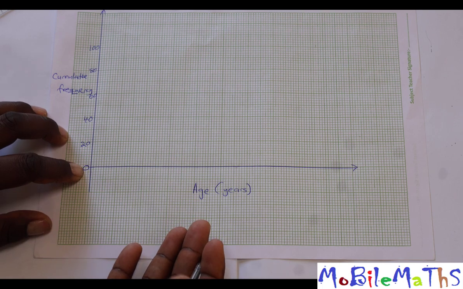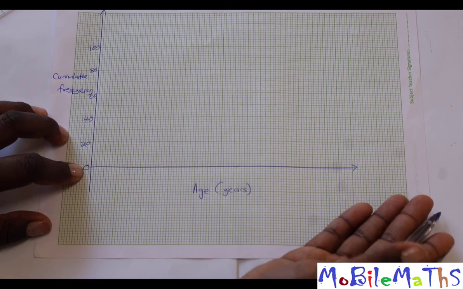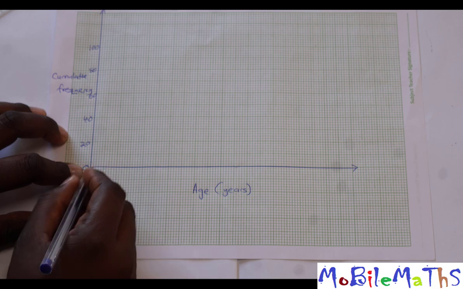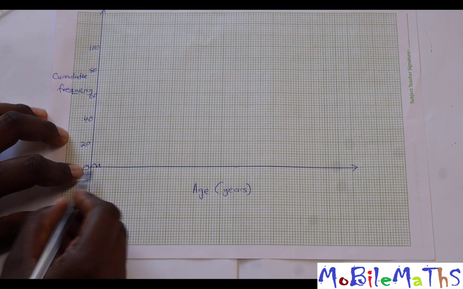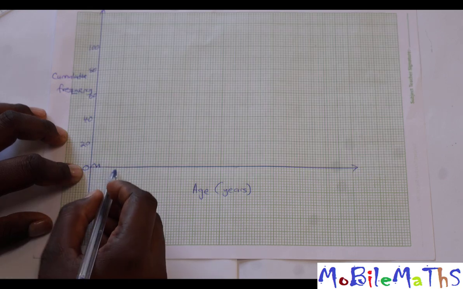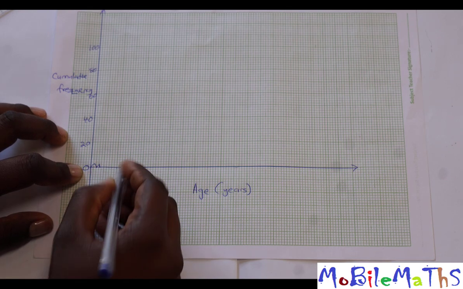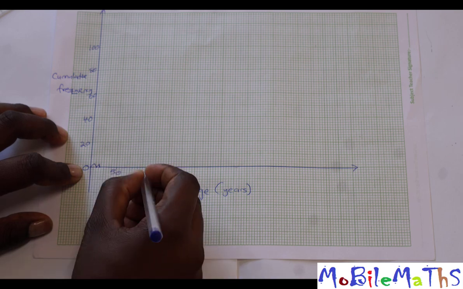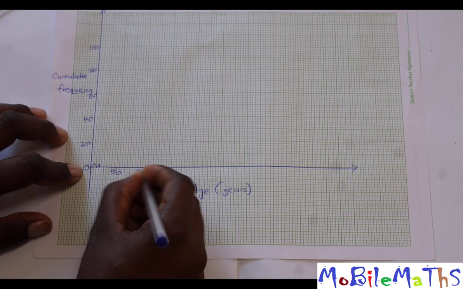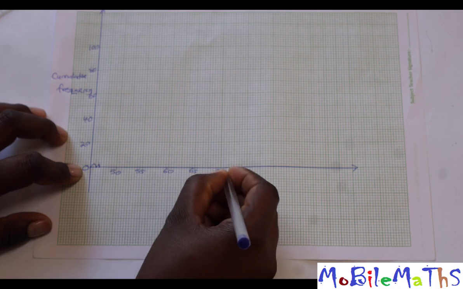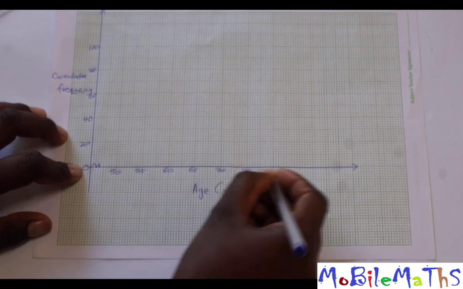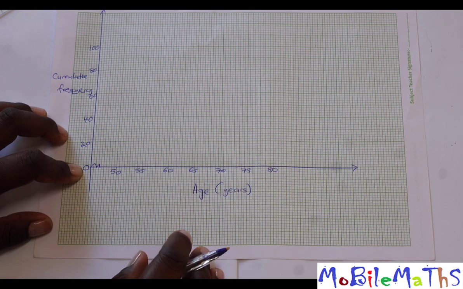So there is no point to start at 0, otherwise the graph will not be enough. So what you do, you write this up down here like this. It means there are some values. Then I'll start on this box here. I'm going to start on 50. Then I'll say 55, 60, 65, 70, 75, 80, and we are done.